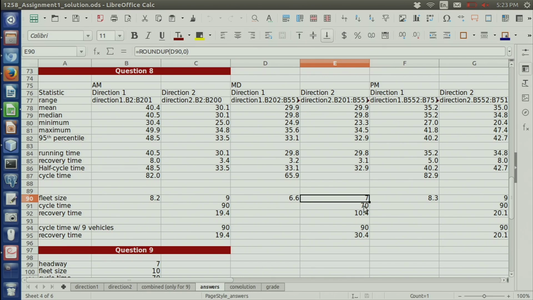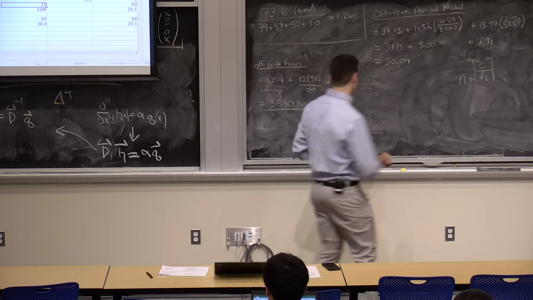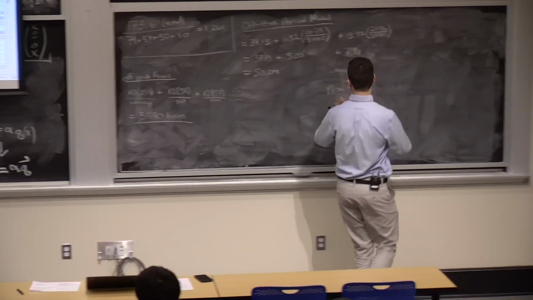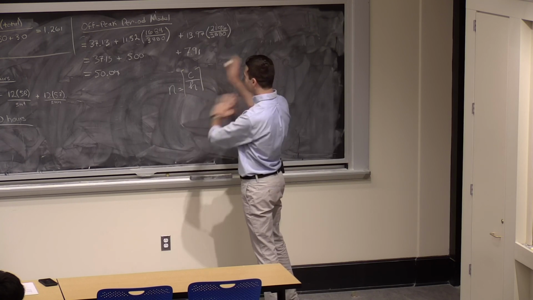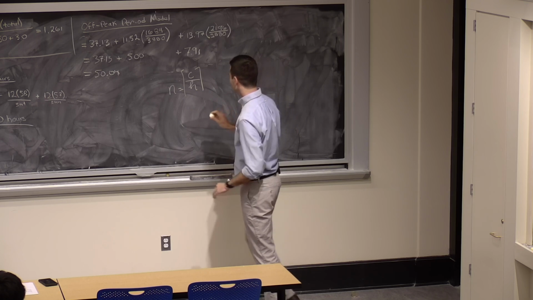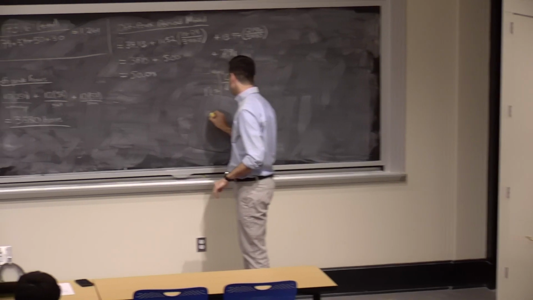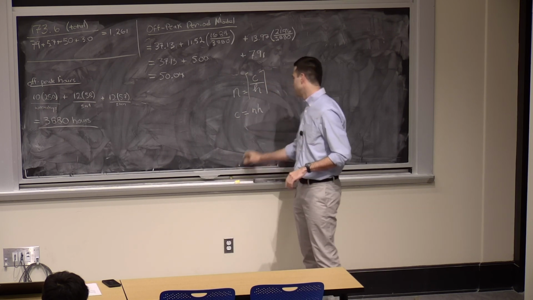So that's great. What's the cycle time? Once you've calculated, you can flip this equation. I could have an entire lecture on this equation. You can flip it around, and there are many ways of interpreting it. If you solve for C, cycle time equals number of vehicles times headway. Now you don't round anymore.